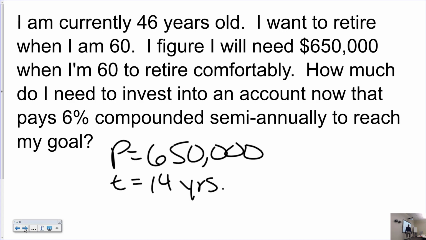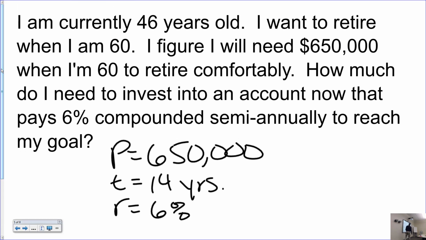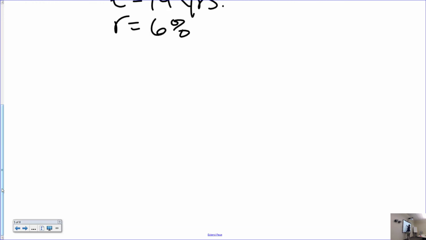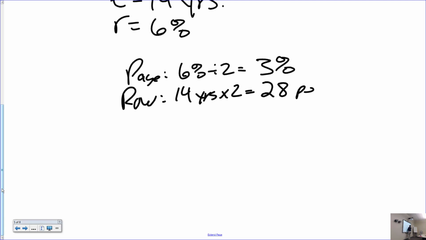Rate is 6%. All right. Now, what are you going to do with those? So the rate per period would be 6% divided by 2. Okay, good. And the number of periods would be 14 times 2. 14 years times 2 is 28 periods.